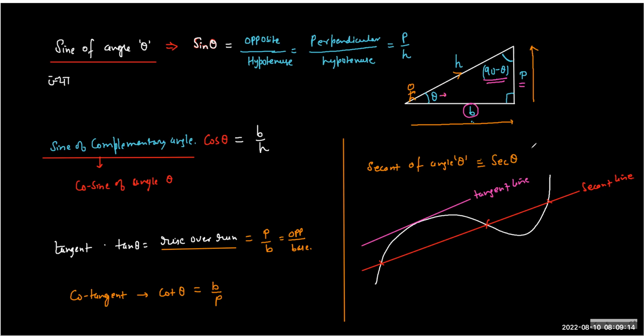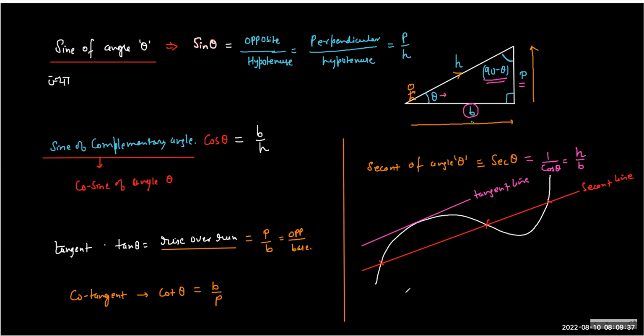So what is the sec of theta? How do we define it? You should be aware that sec of theta is basically the inverse of cos, and this will become H by B.